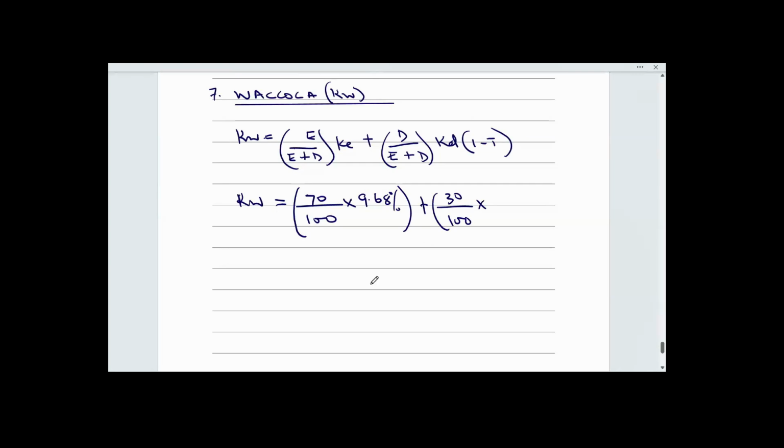According to the question, the examiner has told us that Columbia PLC can borrow at 2.5% above the risk-free rate of return. So the risk-free rate of return is 4.5%. 2.5% above 4.5% will give us 7. So our cost of debt is 7%.